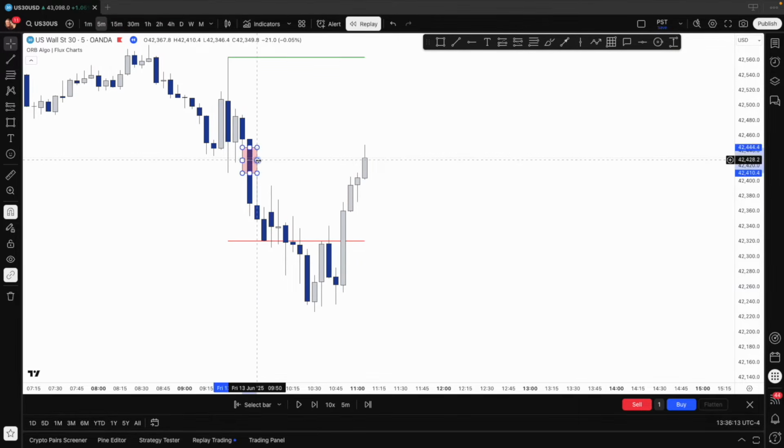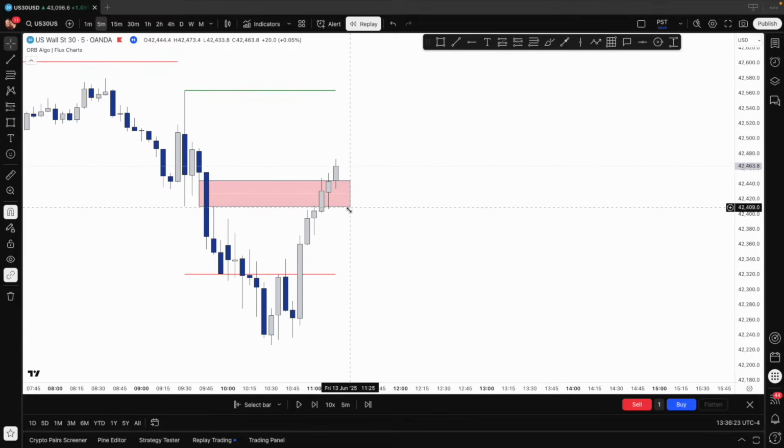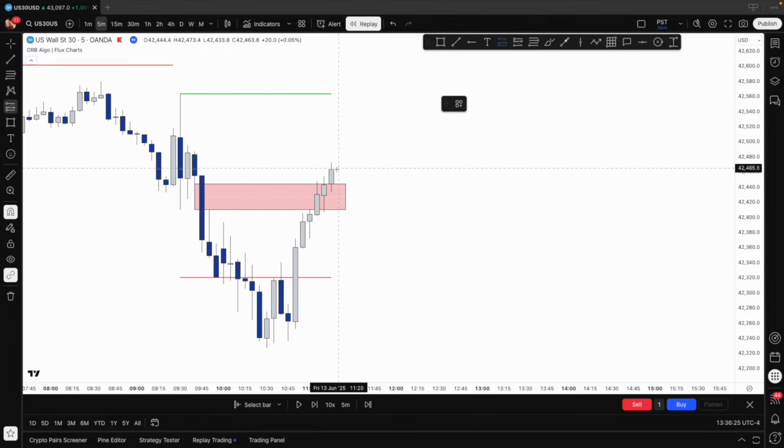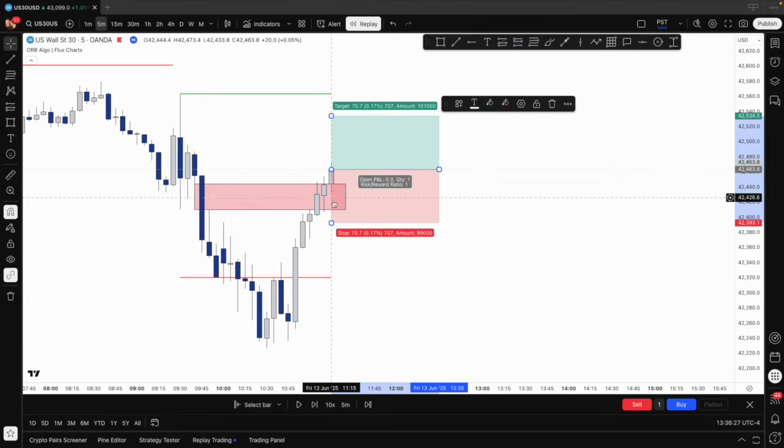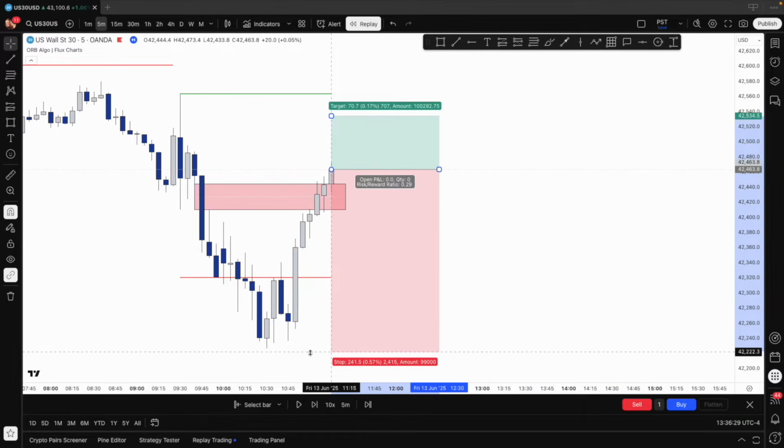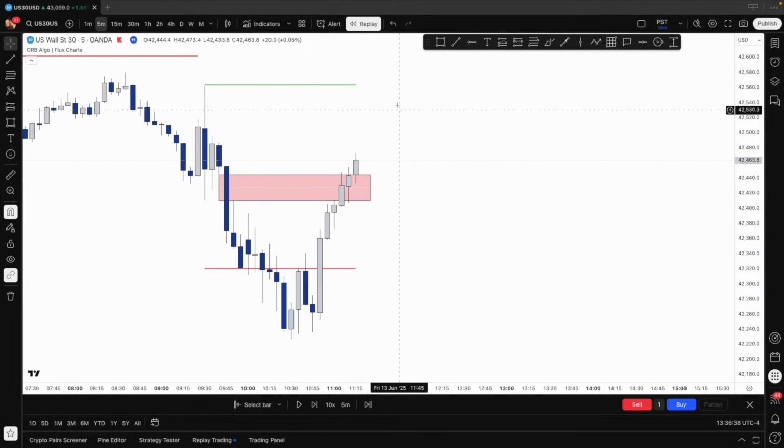But for this one, we are just looking at a fair value gap. So this one, like I said, I won't necessarily take. We need a candle closure. This one is in the middle of the range. So if you entered this trade, your stops would be all the way here. So that's not worth it for me at all. It's way too far. So that's also a reason I won't take it. But let's see how it plays out.